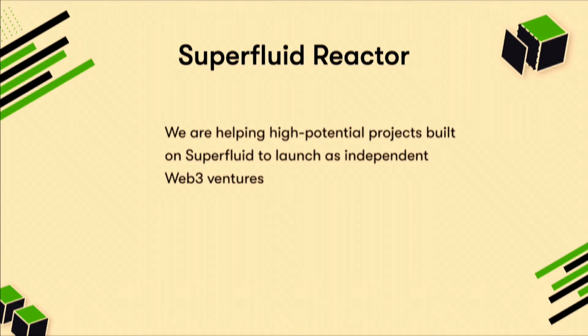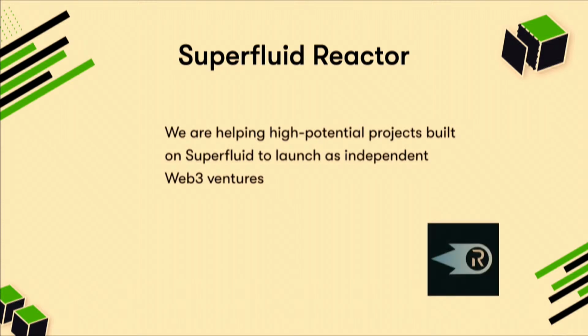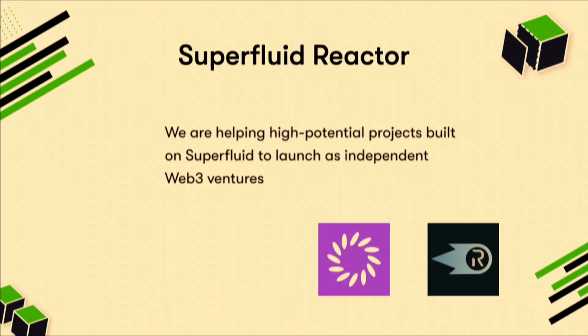We've had some success stories already in a less formalized way. I mean, the Reactor program is very new, but we've had protocols like Ricochet Exchange, which is a dollar cost averaging application, come through our system, and we've helped them quite a bit to get lots of users and get off the ground. Another is a protocol called Huma Finance that's allowing people, like some of the people at Superfluid and maybe in this room, to borrow money against their salary stream or earn passive yield using their salary stream.